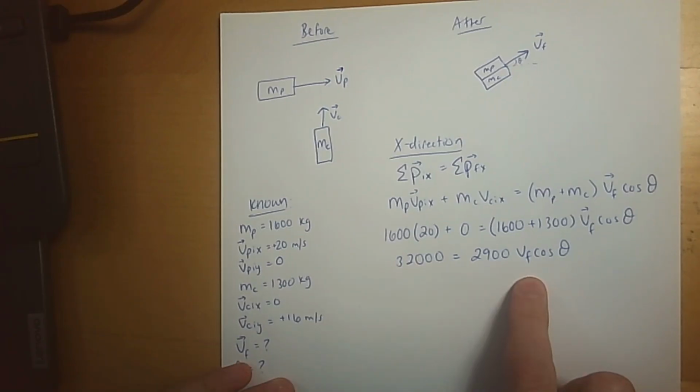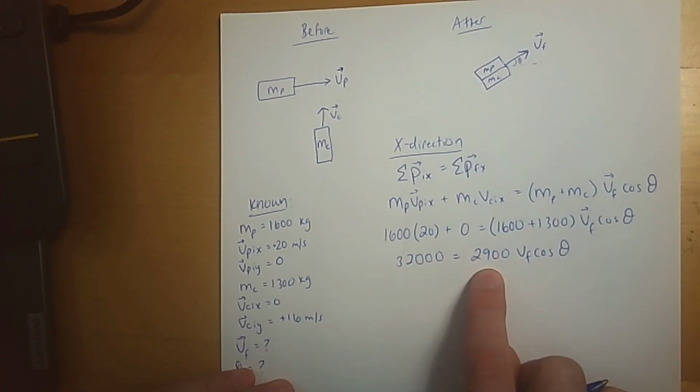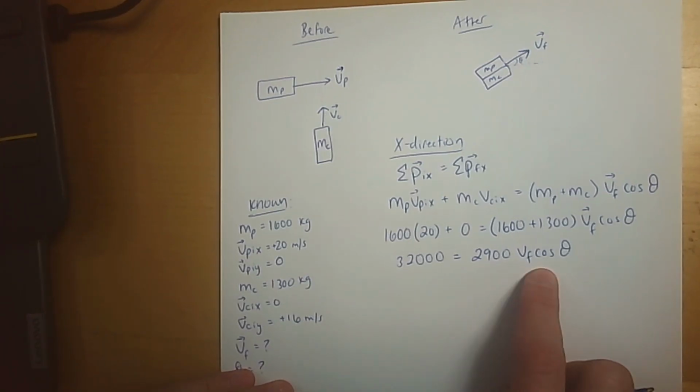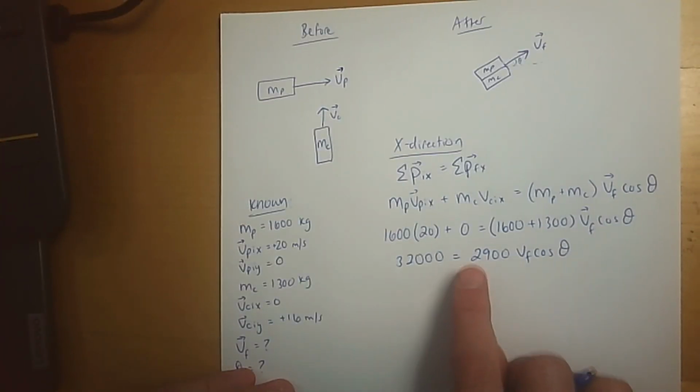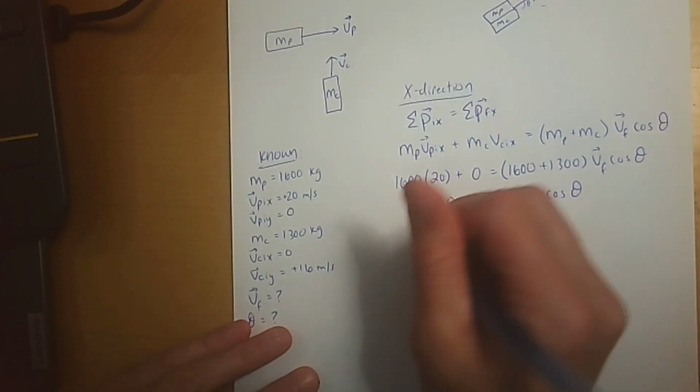All right, so this is what my equation looks like so far. I guess I could simplify even further by dividing by 2,900, but I think there's an easier move when I look at my second equation. I'm going to have 2,900 again times some value, so I might just leave this here for now.